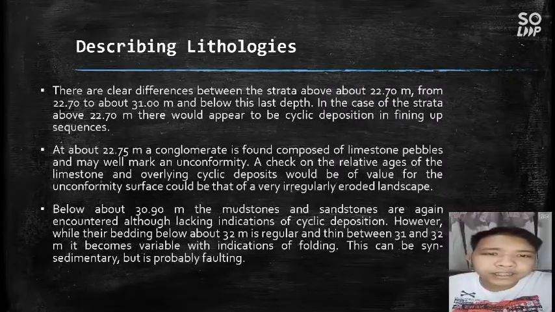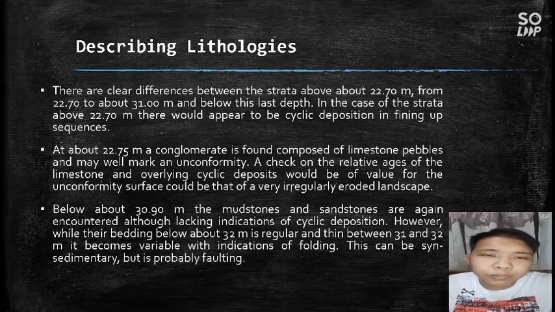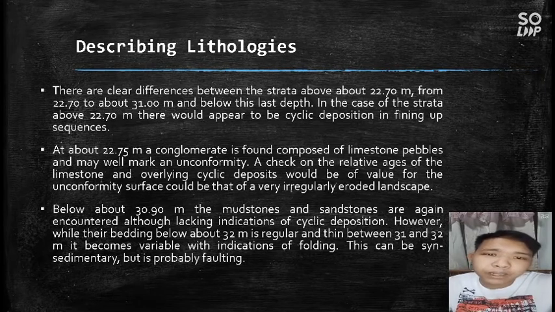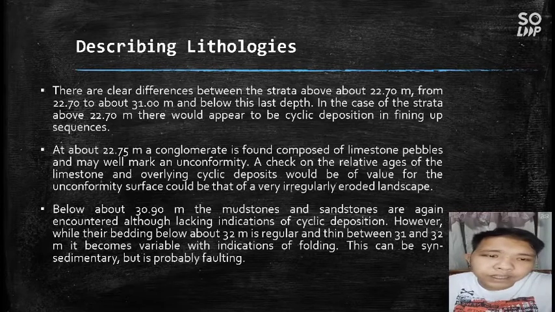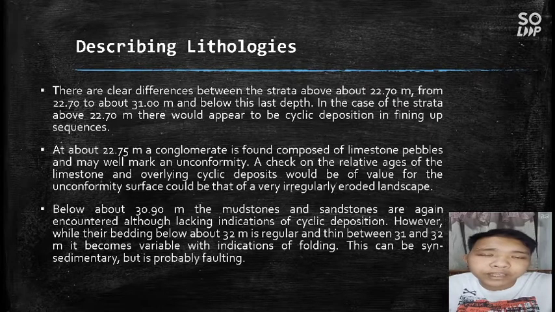Next is the describing of lithologies. From the illustration given, you can see that there is a clear difference between the strata above about 22.7 meters, from 22.7 meters to 31 meters, and below this last depth. In the strata above 22.7 meters, there would appear to be a cyclic deposition in fining up sequences.